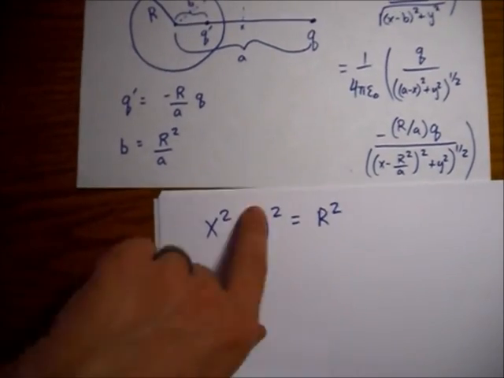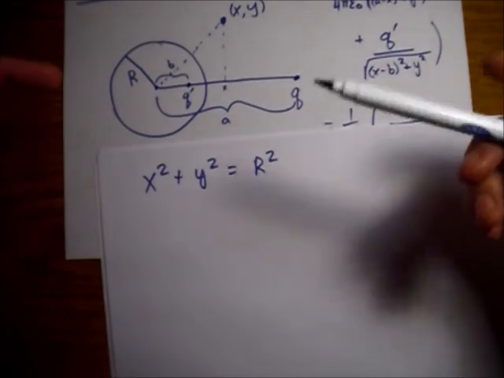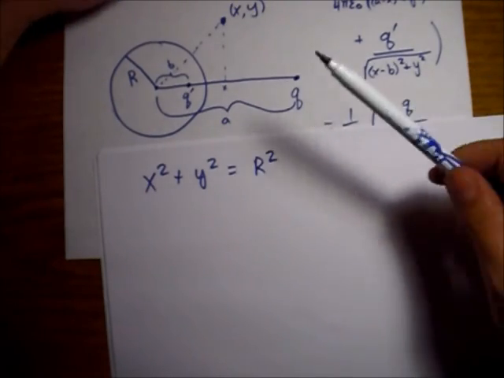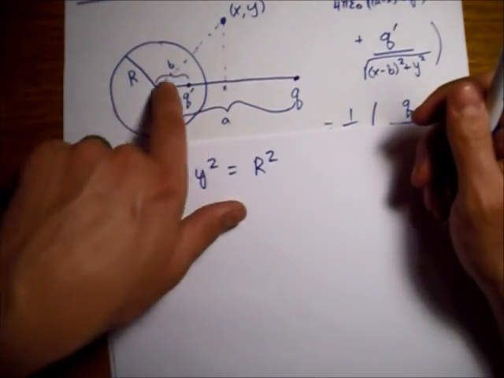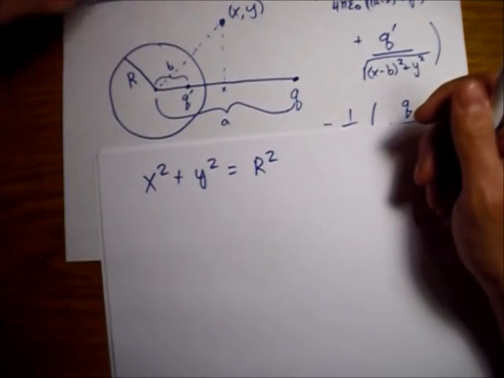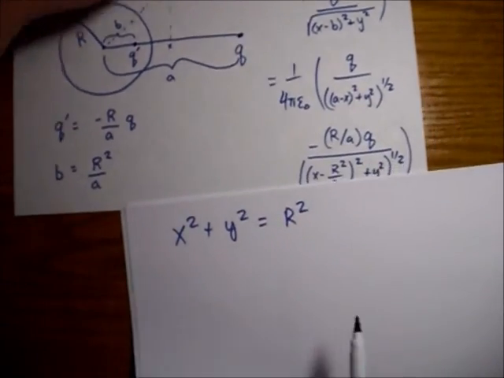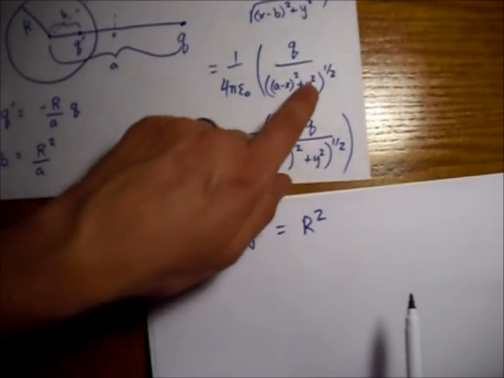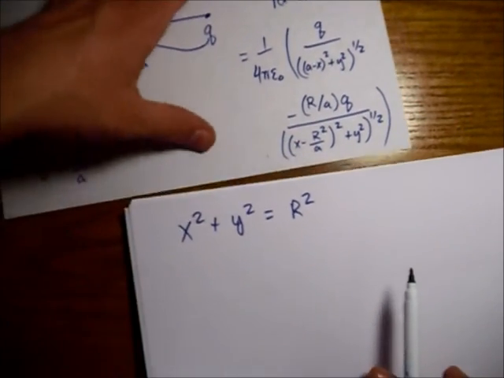So this is just the equation of a circle, right? If we rotate our sphere until these points are all coplanar, then that's what we're dealing with. It's just a circle. So I'm going to go ahead and substitute this in for y squared.